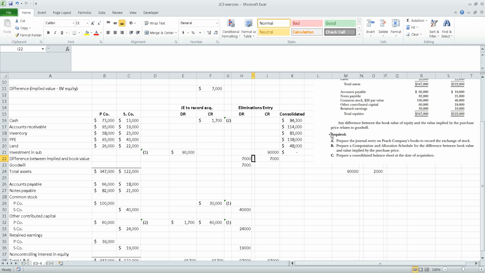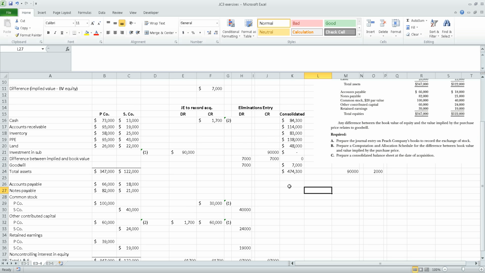You can see that this debit and this credit offset, so there's nothing there. Finally, goodwill. We have a $7,000 goodwill balance. So total assets on our consolidated balance sheet, $474,000.